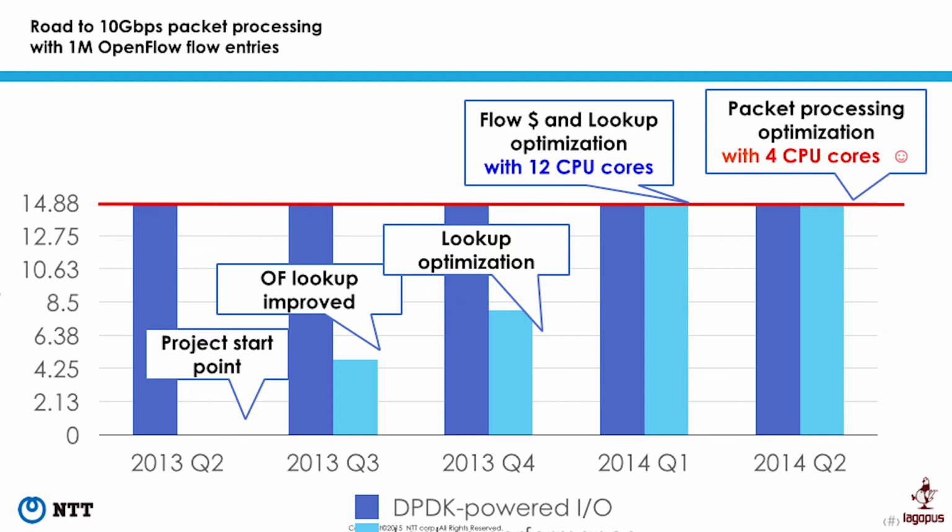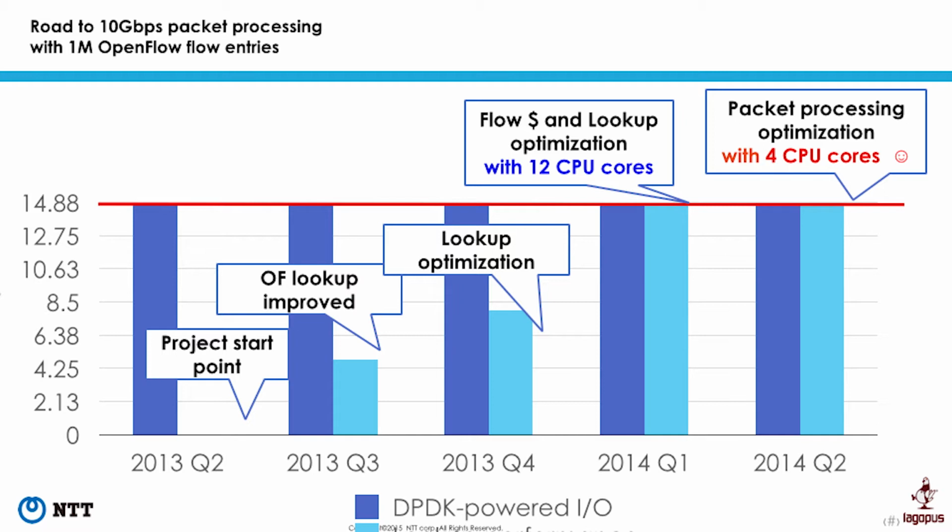the OpenFlow takes quite a lot of CPU cycles. So that is a very tough thing to do for wire rate on a server system with a general purpose NIC.